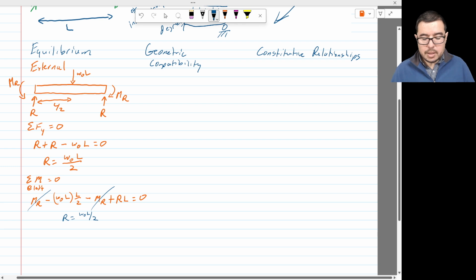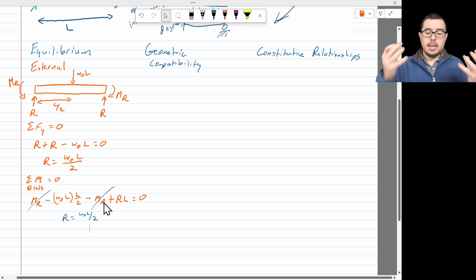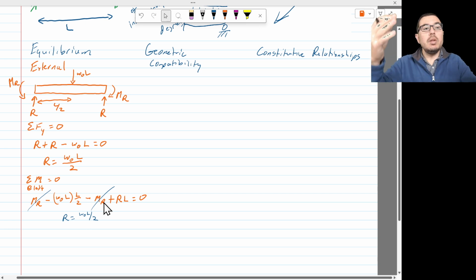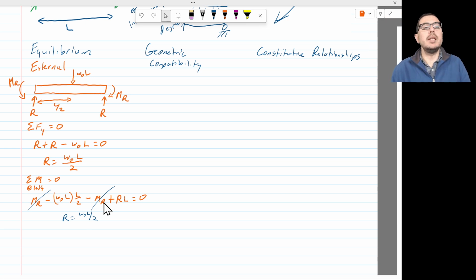No new information, and we still have this unknown MR. So this manifests that using equilibrium alone is not going to be sufficient to solve even for the bending moments across this beam. We're going to need to use constitutive relationships to be able to solve this problem.